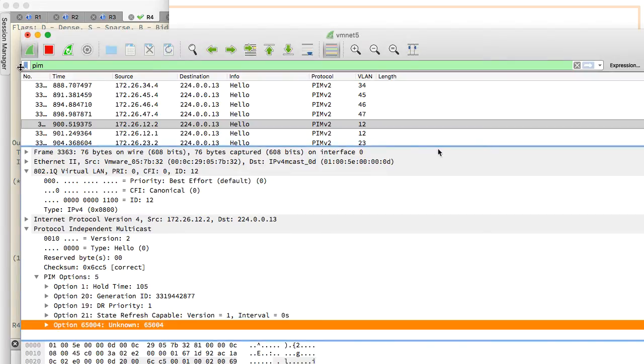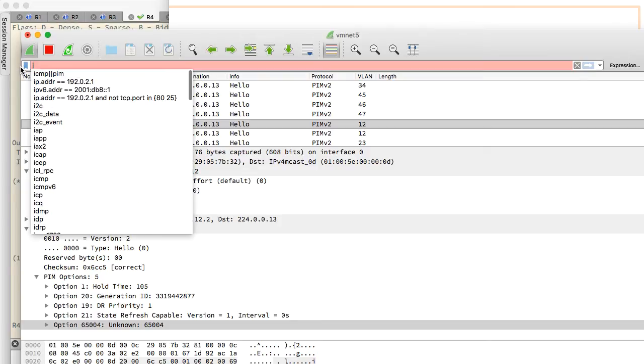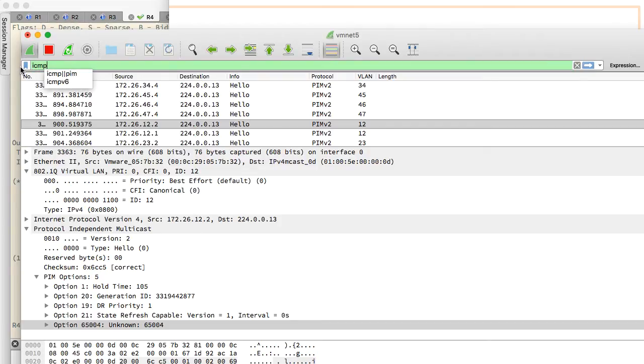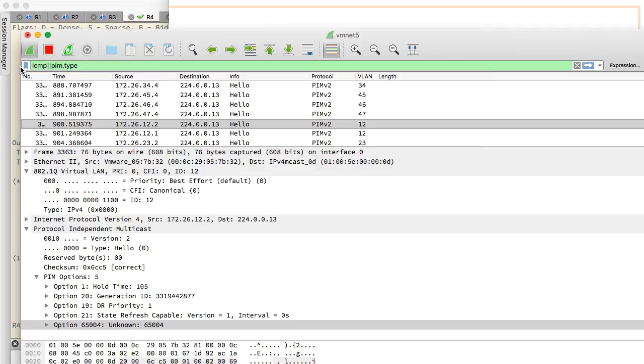So what we should be seeing here, if I look at the packet captures, and I say ICMP, and let me also filter on PIM messages of the type prune, or actually equal to prune. So I'm looking at prune messages. Actually, let me try to find out what that filter really is.